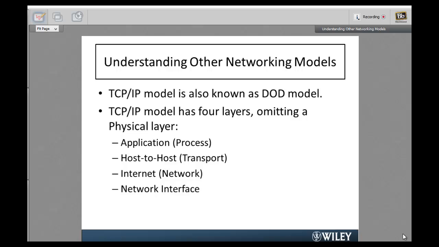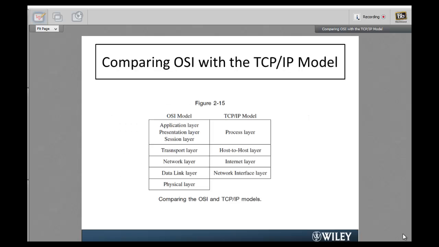All of these 3 layers will be in one layer in TCP/IP. The host-to-host transport would include the transport layer of OSI, and the internet would include the network layer, and then the data link and physical layers will be in this network interface.